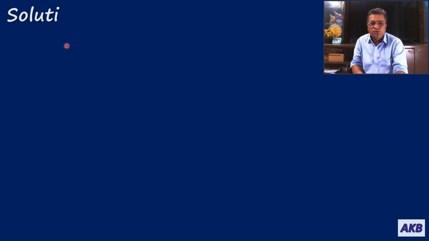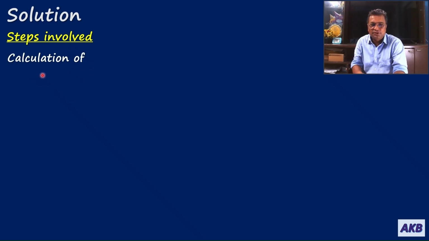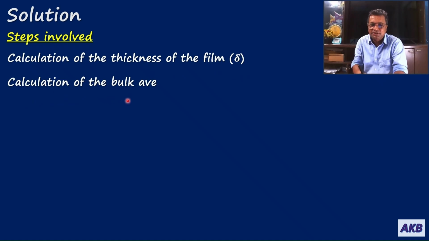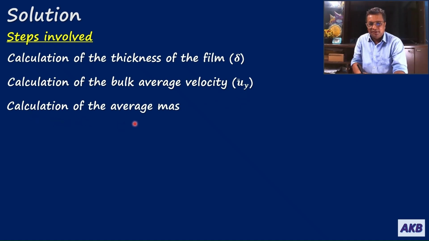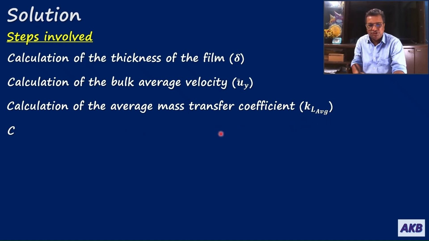Okay, so let us go for the solution. First, let me tell you what steps are involved in this solution. First, we will be calculating the thickness of the film, that is delta. Then we will be calculating the bulk average velocity, that is uy bar. Then we will be calculating the average mass transfer coefficient, that is KL average.